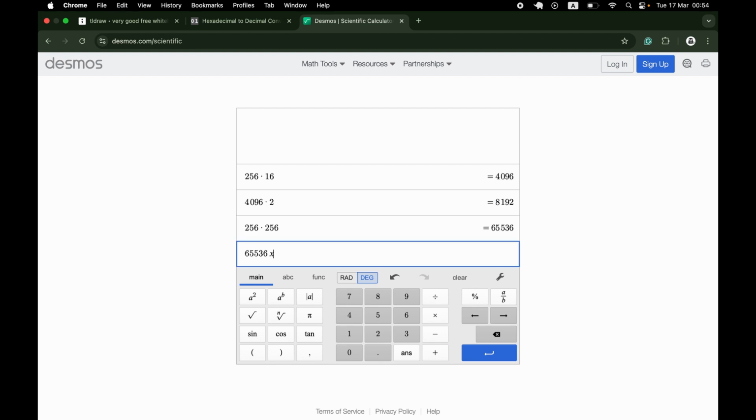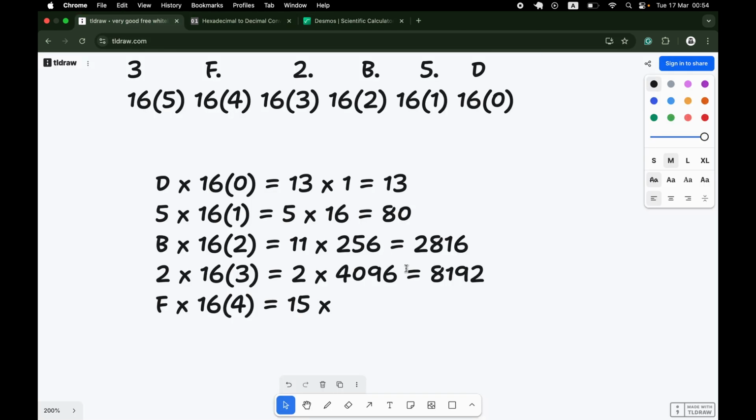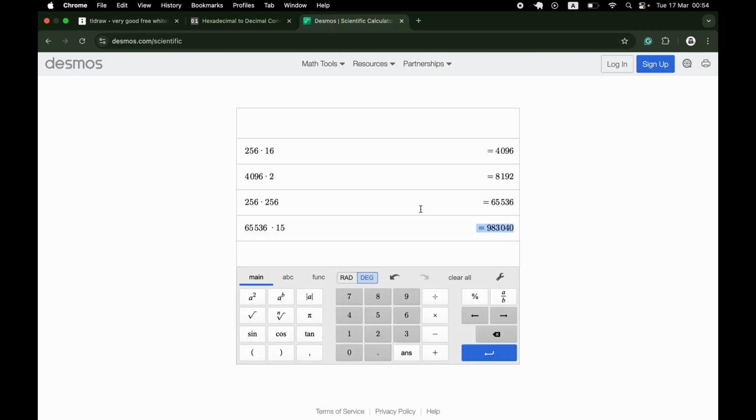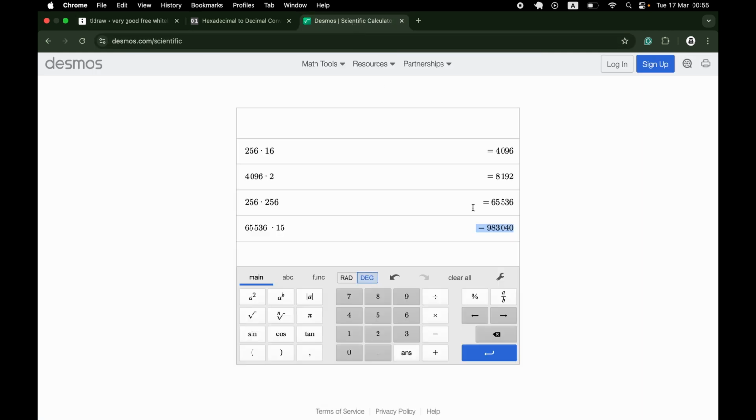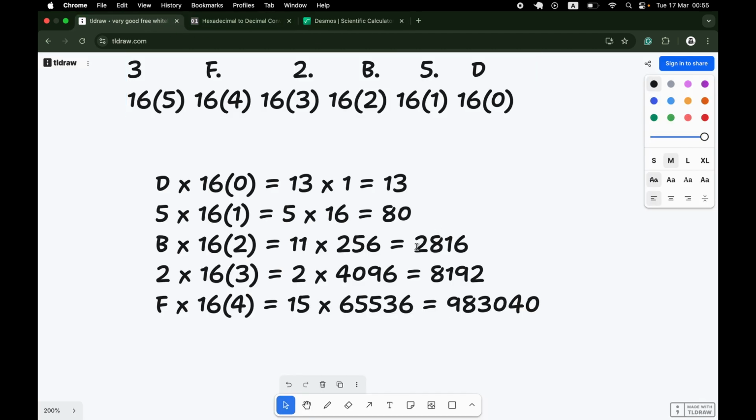Then we multiply by 15, the value of F, to get 983040.